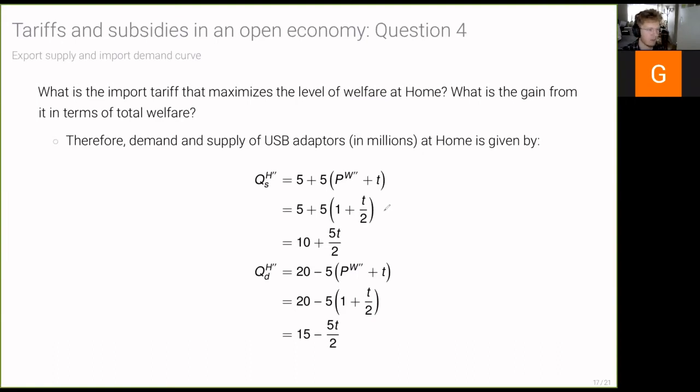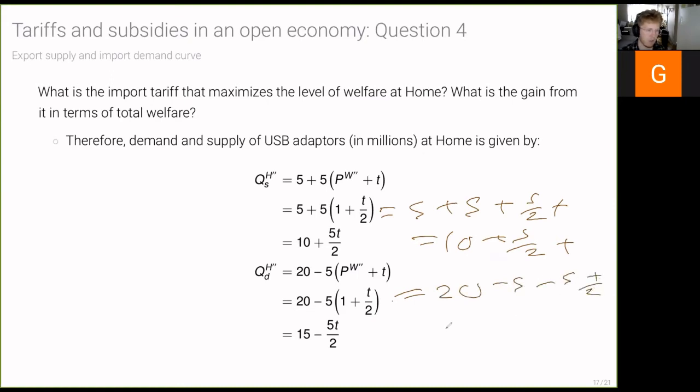So that's going to give me 5 plus 5 times 5T over 2, so that's 10 plus 5 halves T, and likewise this is going to be 20 minus 5 minus 5T over 2, and so this is going to be 15 minus 5T. So now I know quantity demanded and supplied at home.